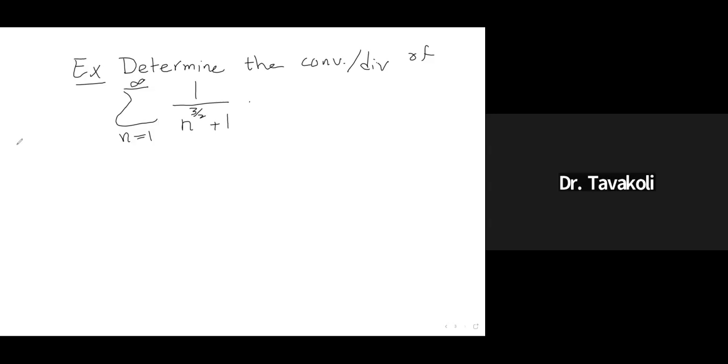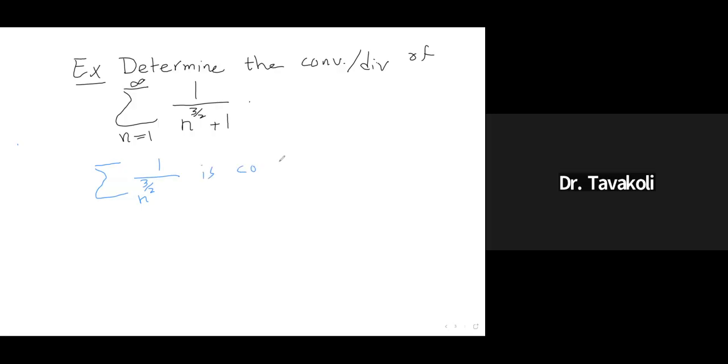I would suggest that you pause the video and try this on your own, and then compare your solution to my solution. So I know that sigma of 1 over n to the power of 3 halves, excuse me, without the plus 1, just 1 over n to the power of 3 halves, is convergent.